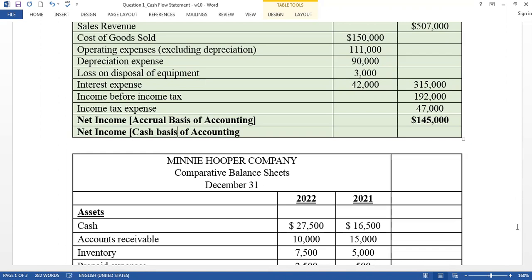What is the summary here? The question gives us net income according to accrual basis, right? We have to prepare net income based on cash basis.